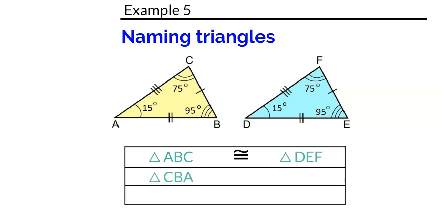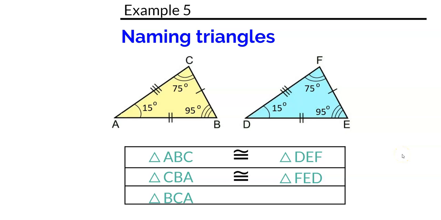If I say triangle CBA, again, the pattern we're looking for is 75, 95, and 15. So 75 starts here, 95, and 15. So triangle CBA is congruent to triangle FED.